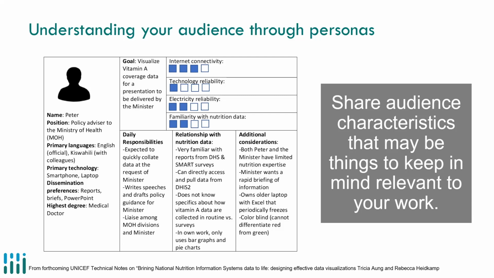And so we've listed here that perhaps this individual has limited experience in nutrition in general. He has a laptop that freezes periodically and he relies on Excel to do all of his data work. And he also might be colorblind.